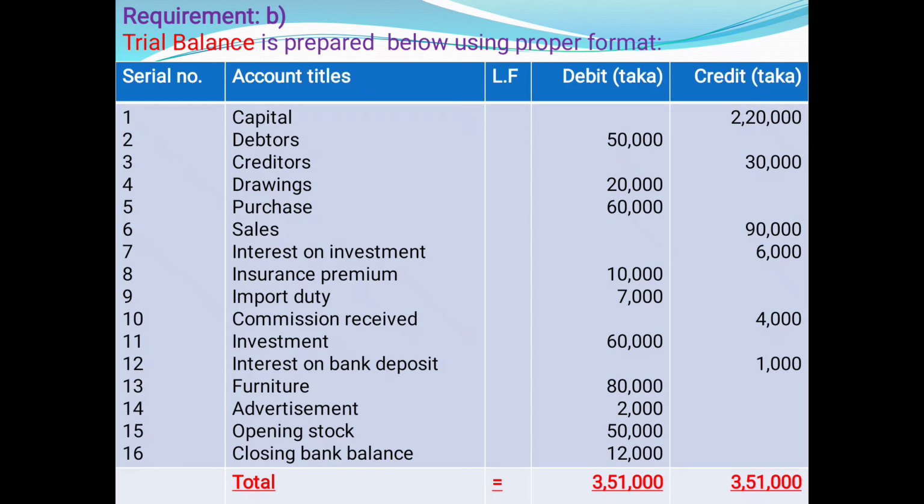Totally 5 columns used. First one, serial number. Second one, account titles. Third one, ledger folio or reference. Fourth one, debit taka. Fifth one, credit taka.